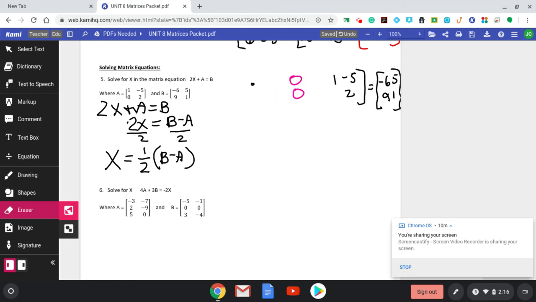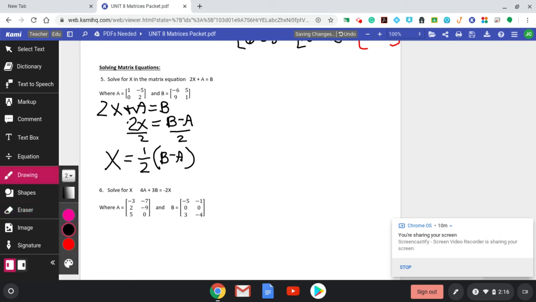So let's get rid of this so I have room to work. And again, don't try to distribute the 1/2. Do the parentheses first. So I'm going to do matrix B minus matrix A. All right, so here we go, kids.